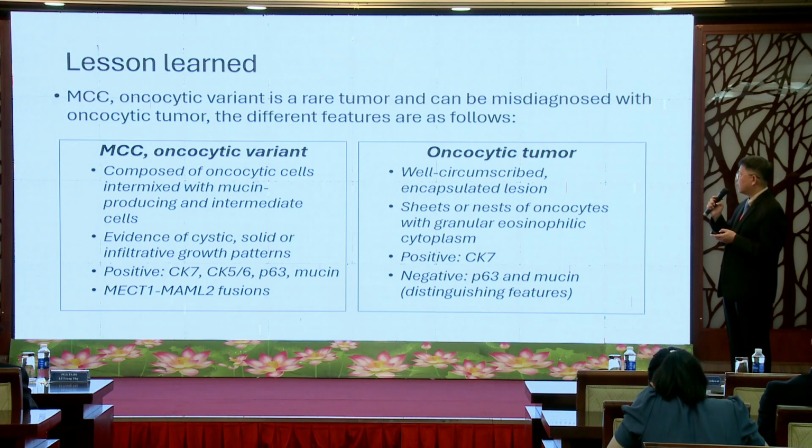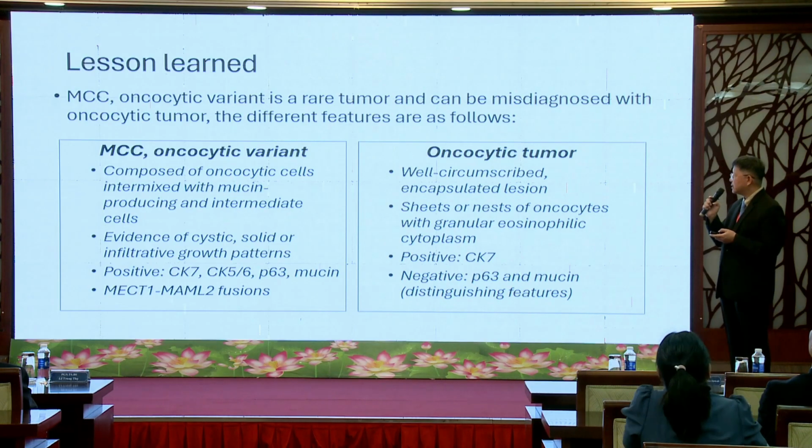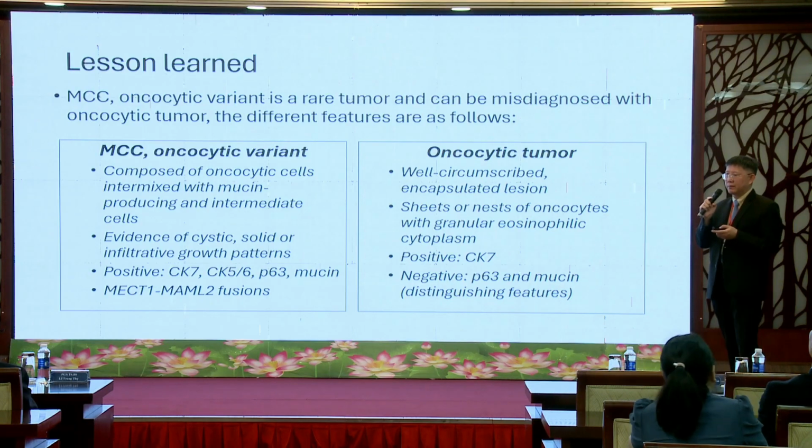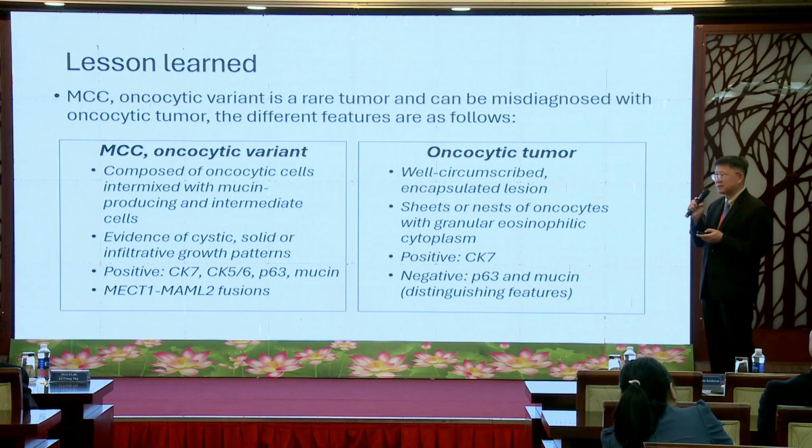For the oncocytic variant of mucoepidermoid carcinoma, it is very easy to misinterpret it as an oncocytic tumor, because oncocytic tumor is a common tumor in the parotid and salivary gland. The difference is that in an oncocytic tumor you will see only oncocytic cells, totally.